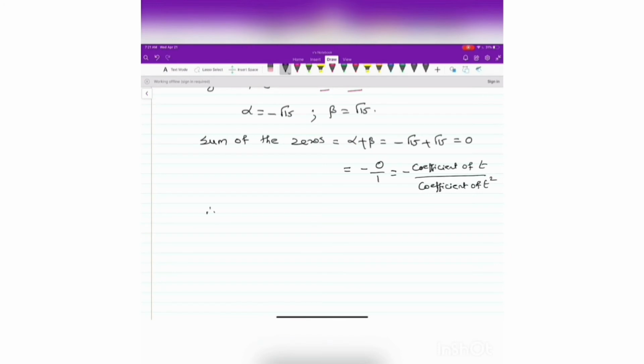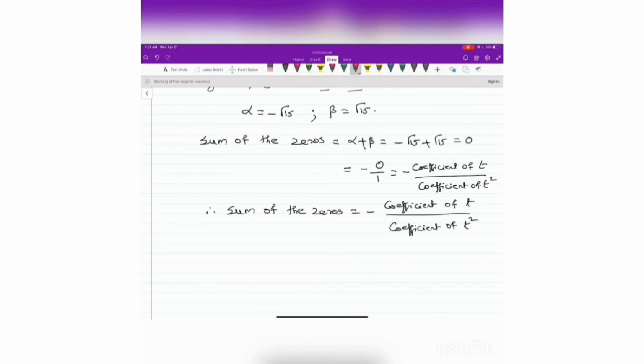Therefore, sum of the zeros is equal to minus coefficient of t by coefficient of t square.